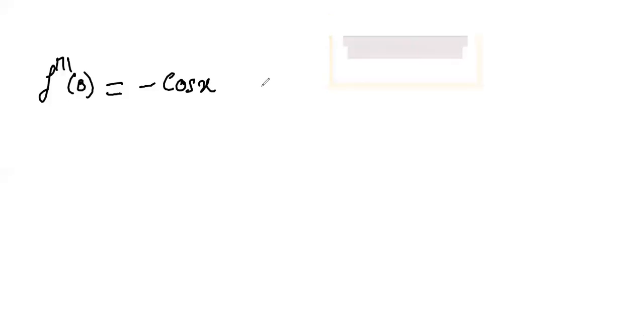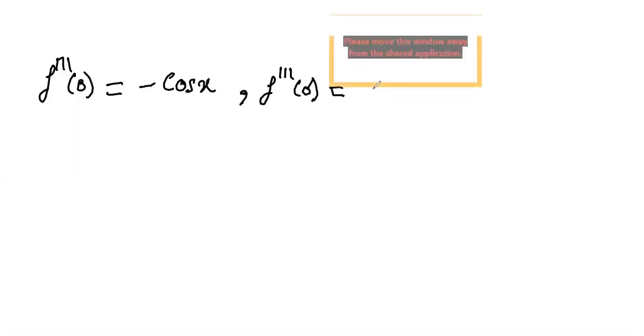So f triple dash 0, how much will it be? f dash x is cos x, then f double dash x is minus sin x, then again minus cos x. So f triple dash 0 is minus cos 0, that is minus 1.